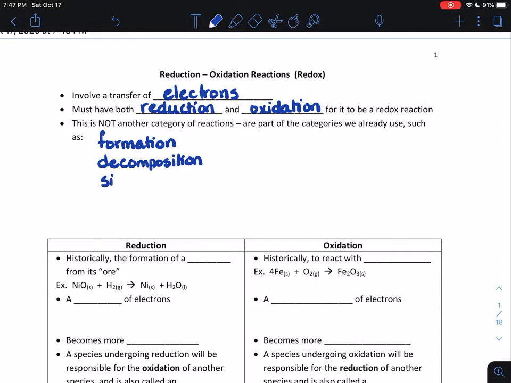Single replacement is a redox reaction, and combustion as well. And then the special cases of combustion we've looked at, photosynthesis and cellular respiration.